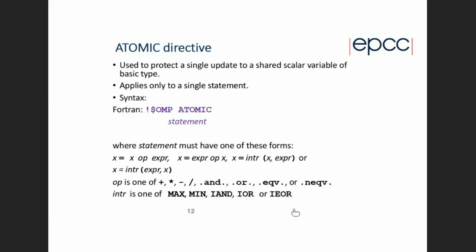More specifically, in Fortran, we have OMP atomic followed by the statement, and that has to look like x equals x operator some expression, or the other way around, or we can have intrinsic functions here. So things like x equals max of x and something will also work.